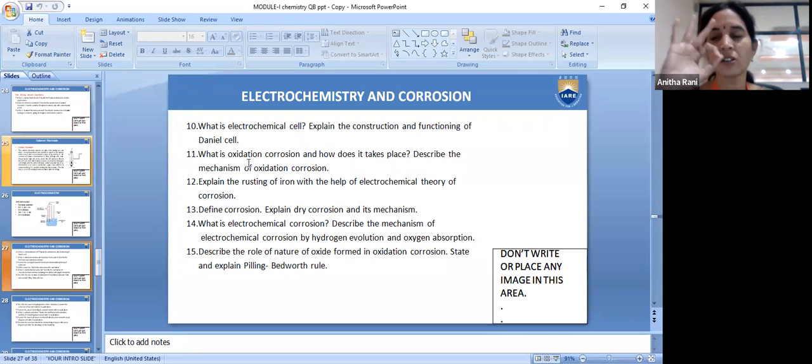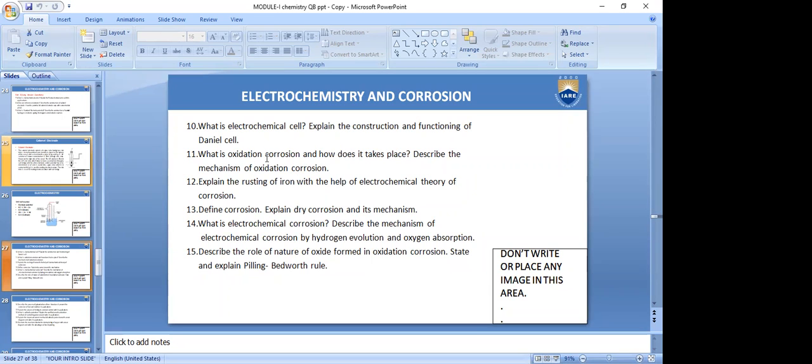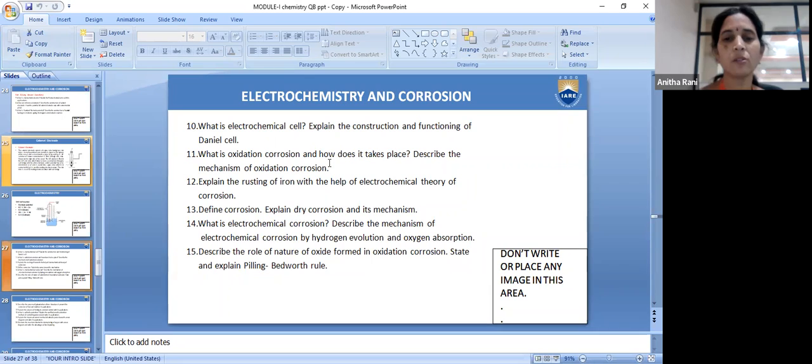Three types are there: dry corrosion, which is corrosion by oxygen; corrosion by other gases, not oxygen, like H2S or N2; and the third one, liquid metal corrosion. Now tell me, what is oxidation corrosion? Corrosion of metal takes place in presence of oxygen. So you have to write the mechanism of oxidation corrosion with the diagram.